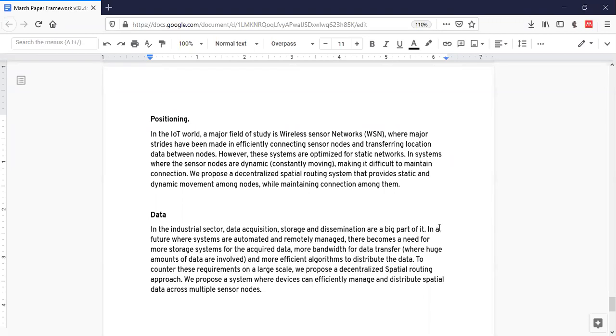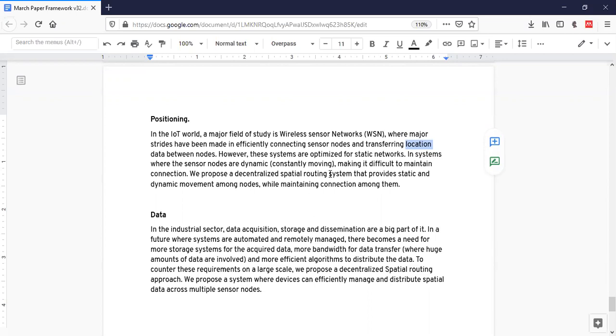I felt that was a bit general. In the IoT world, there's a major field I made reference to, wireless sensor networks, where major strides have been made in efficiently connecting sensor nodes and transferring location data between nodes. I wasn't sure if I should specify location data or just say data in general.